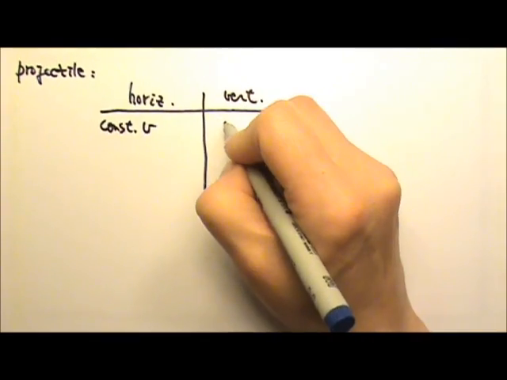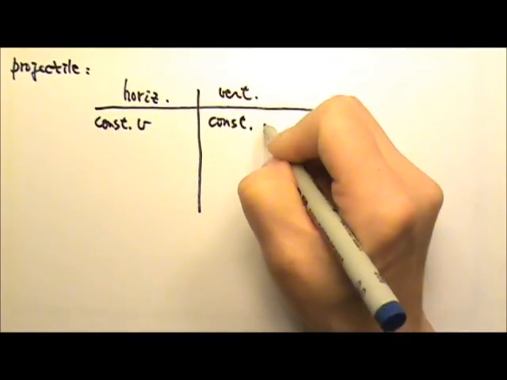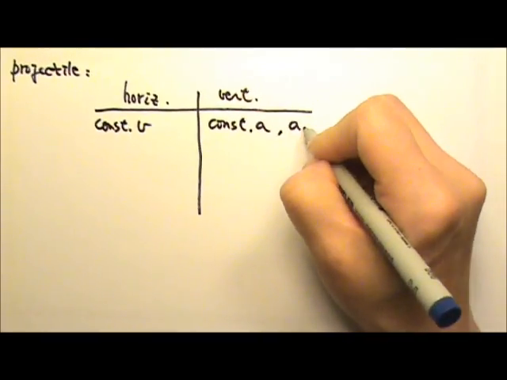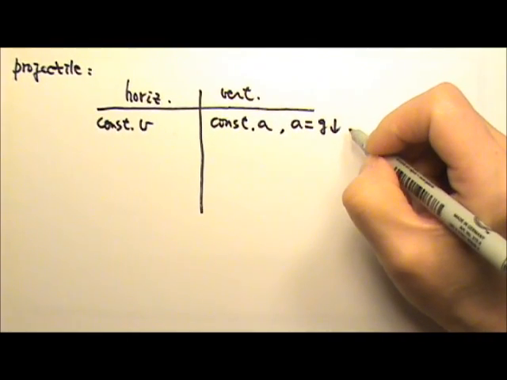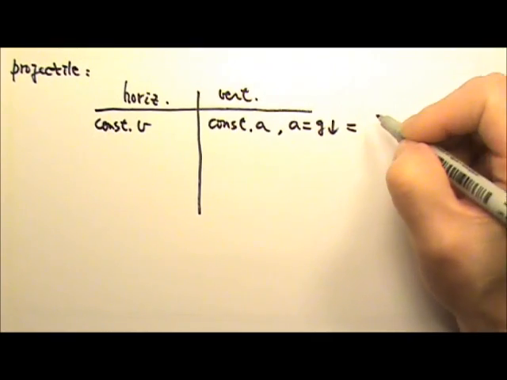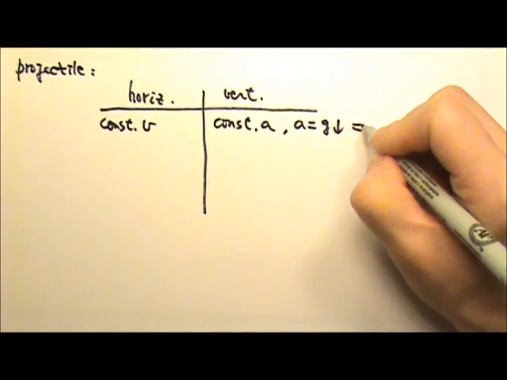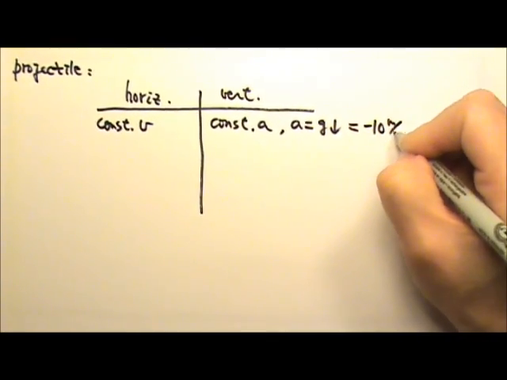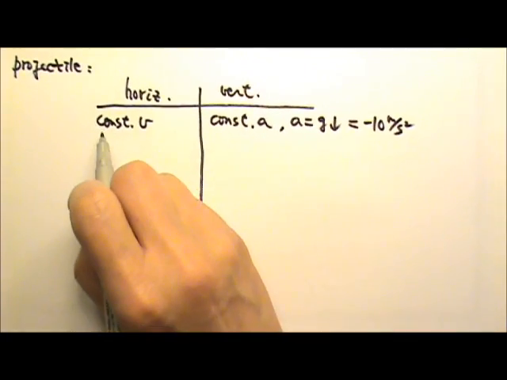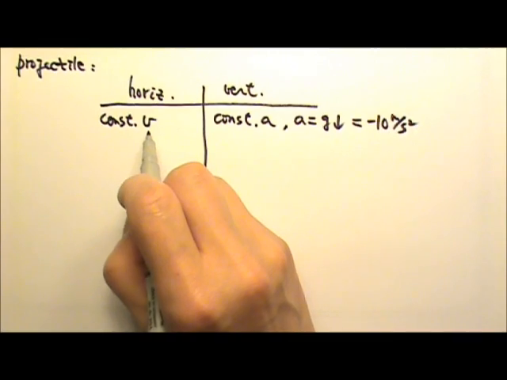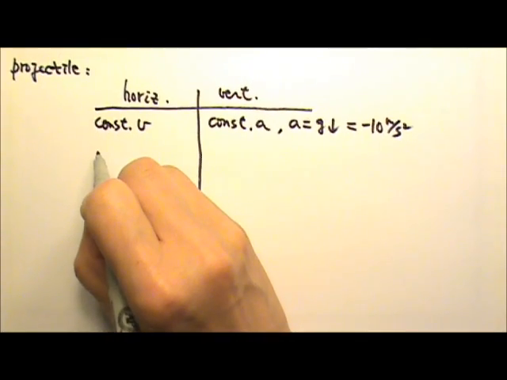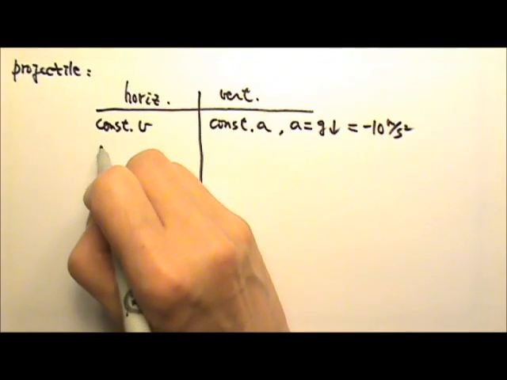The vertical side has constant acceleration motion, and that acceleration is g going downward. If we choose down as negative and up as positive, then this will be about negative 10 meters per second squared.